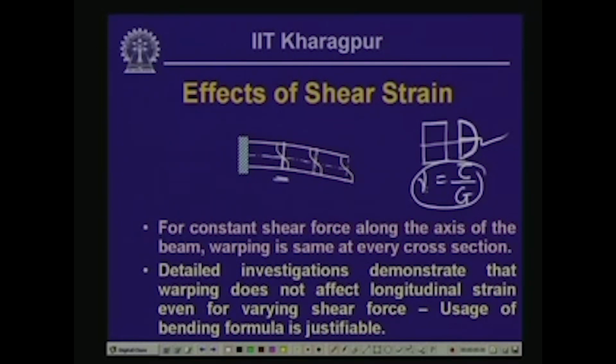Because of this distribution of the shearing strain, wherein it is 0 on the surfaces and has its maximum value at the neutral axis, the section is going to warp in this particular form. At this point, since the shearing stress is 0 and correspondingly the shearing strain is 0, there will not be any deformation. So this particular line will be perpendicular to the surface, and maximum deformation will occur at the neutral axis point.